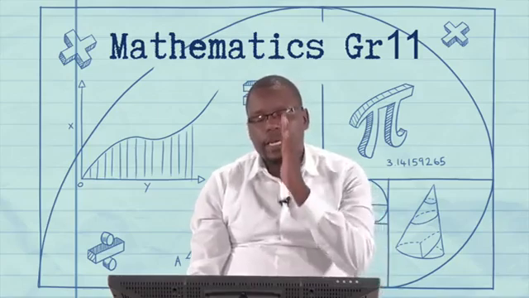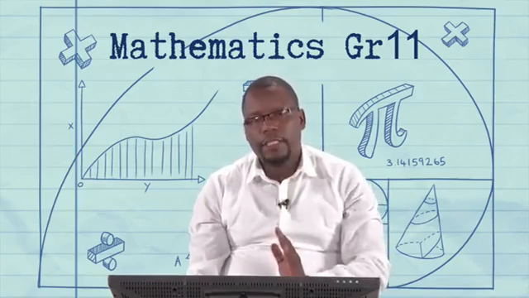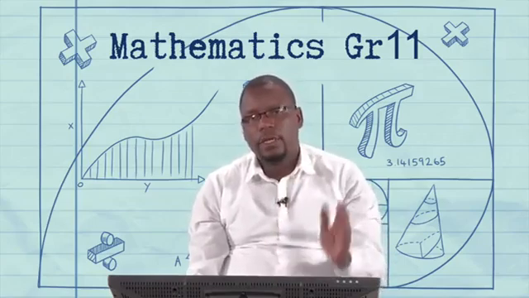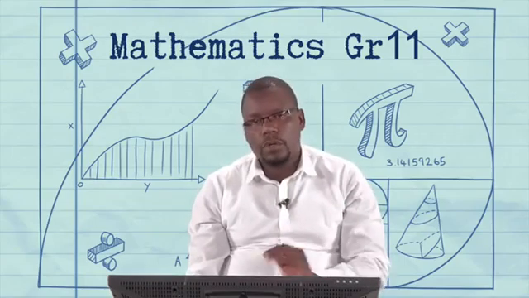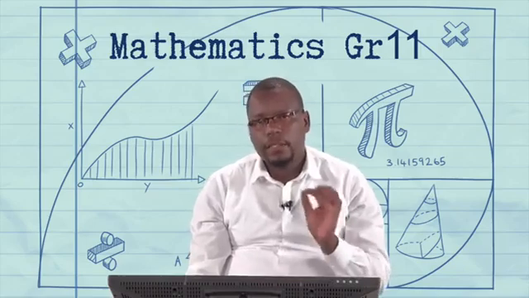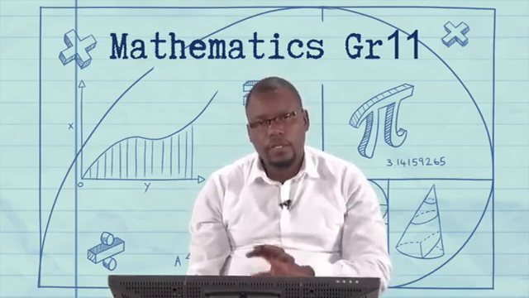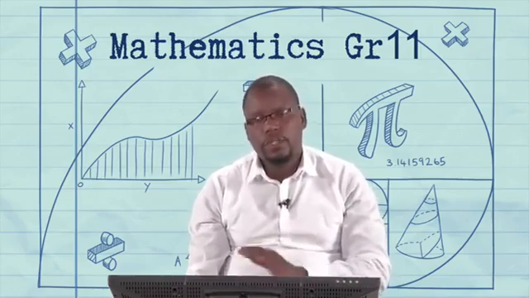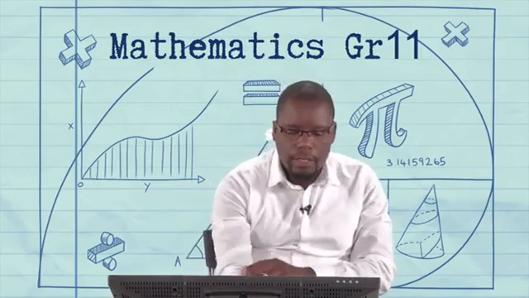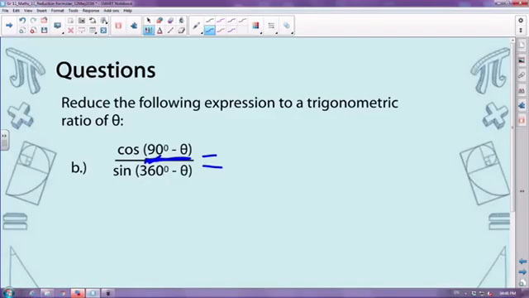We said the 90 degrees and the 270 change the nature of your sine or cos or tan. So sine changes to cos, cos changes to sine, and tan changes to cot. Now we've got 90 degrees, so it means that your cos is going to be sine.